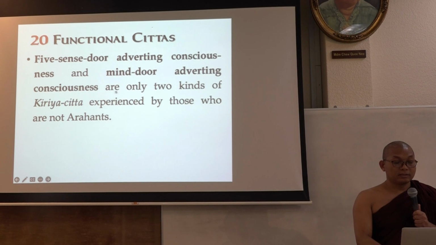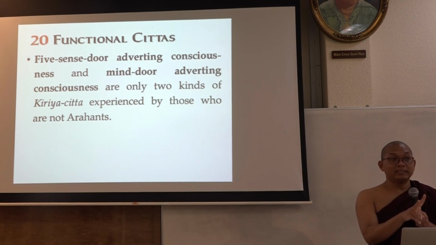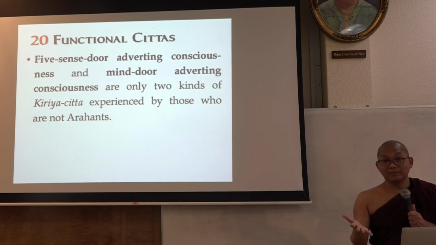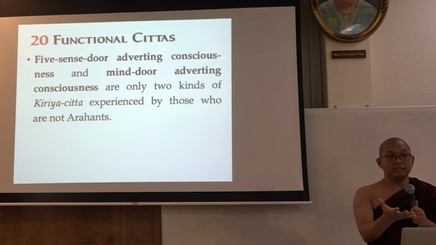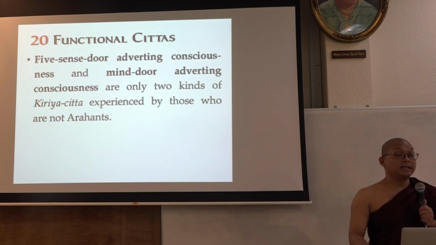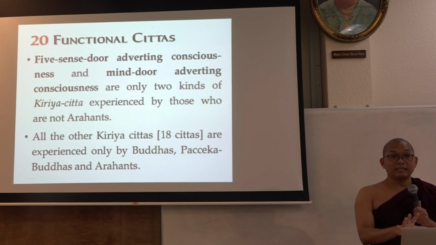So these two kriya chaitas can be experienced by those who are not arahants. Normally, these two kriya chaitas can arise in the minds of everyone, not only arahants, but also puthujjana, sotapanna, sakadagami, anyone. But we also have another eighteen types of kriya chaita.